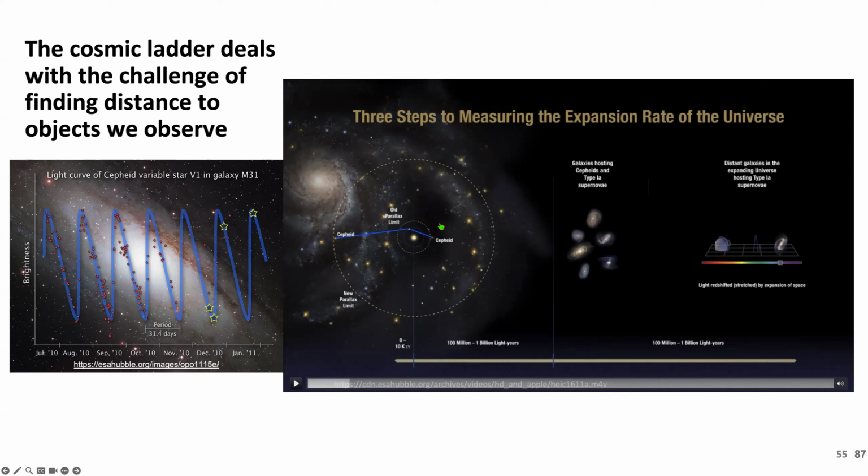And so in the early days, you could do parallax to get the distance to, for example, planets and nearby stars. But it was not until modern technology with much more sensitive instruments that you get this larger reach for parallax.